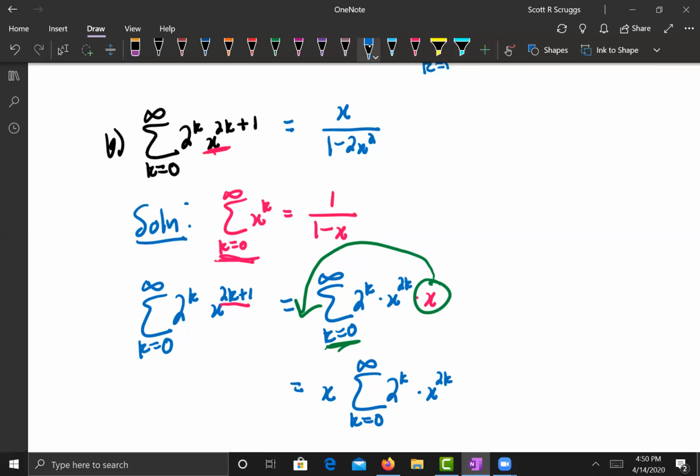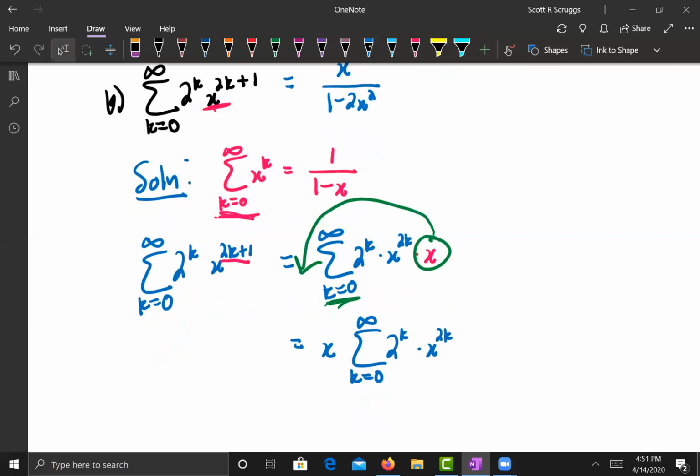Next thing I want to do, I could rewrite x to the 2k power because of the following property of exponents. If I have two numbers being multiplied within my exponent, that's the same as saying I'm going to have x raised by the power a, and then for that whole expression, I'm going to raise it again by the power b.